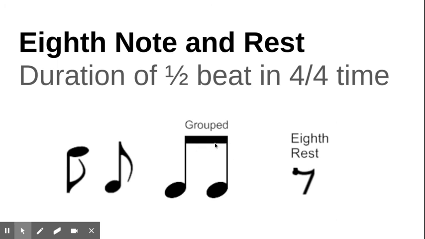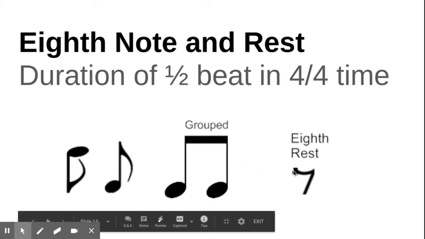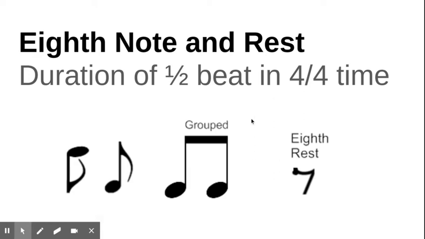That can make your eye understand it more quickly if they're grouped according to the pulse and the time signature. All right, 8th rest, it kind of looks like a strange number 7, a little bit thicker here, a little swoop up, and then a stem that comes down.